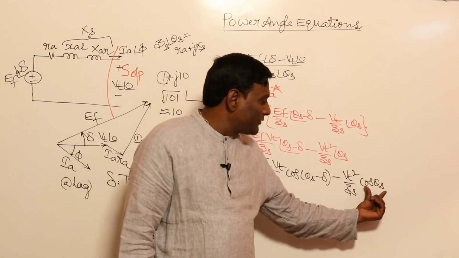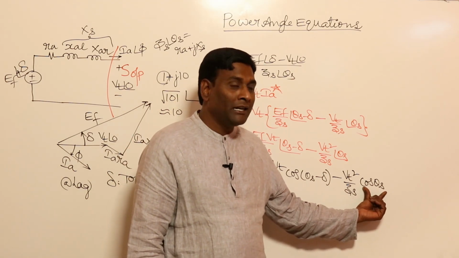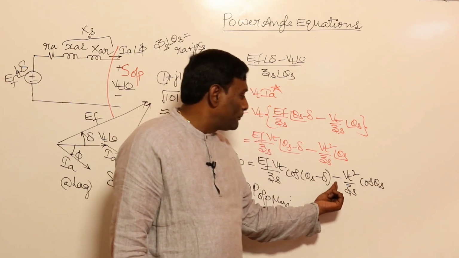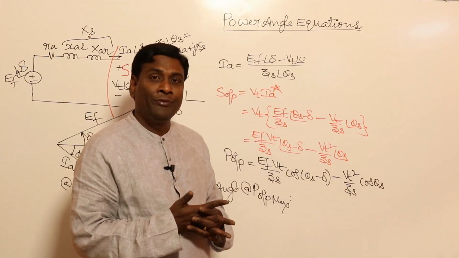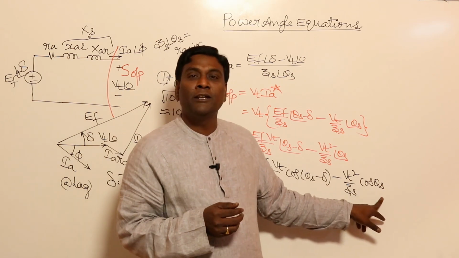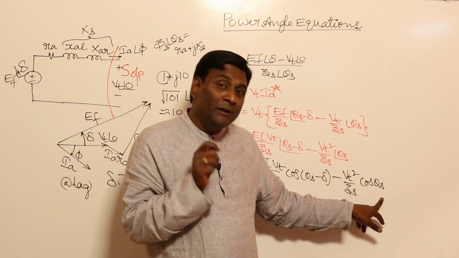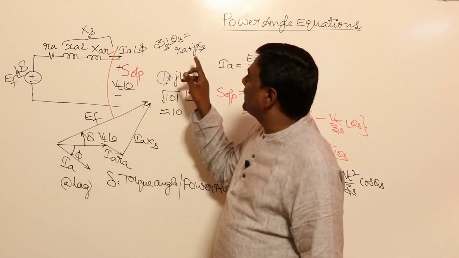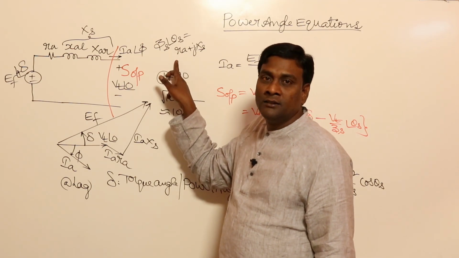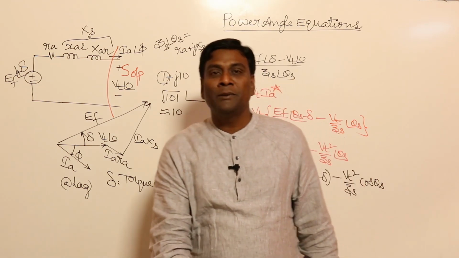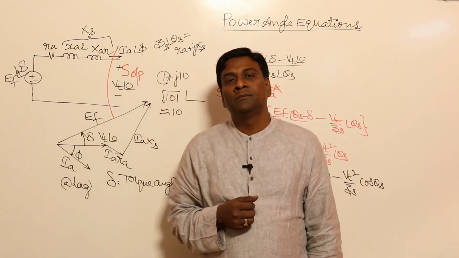For example, if cos theta S can be minus 1, then this minus of minus will become plus and it will increase. No, why? Theta S is not the variable. Theta S is the machine constant, decided by XS by RA, which is constant. So we should not think like a mathematician, you please think like an electrical engineer.